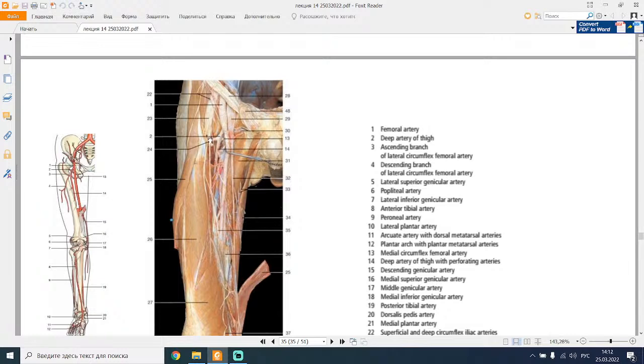This is the canalis adductorius. This is arteria profunda femoris.